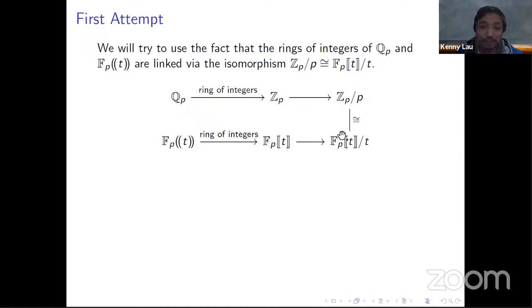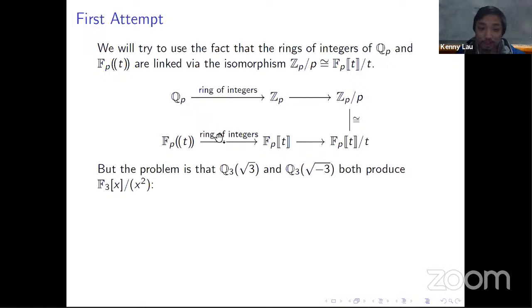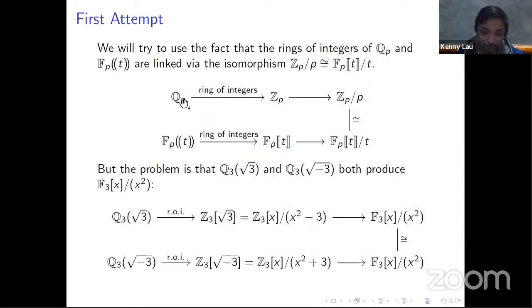So we would like this to work, but unfortunately, it doesn't work, because we have two extensions of Q_3 that produce the same extension of F_3. If you adjoin the square root of 3 and the square root of -3, we can trace what happens via this diagram.